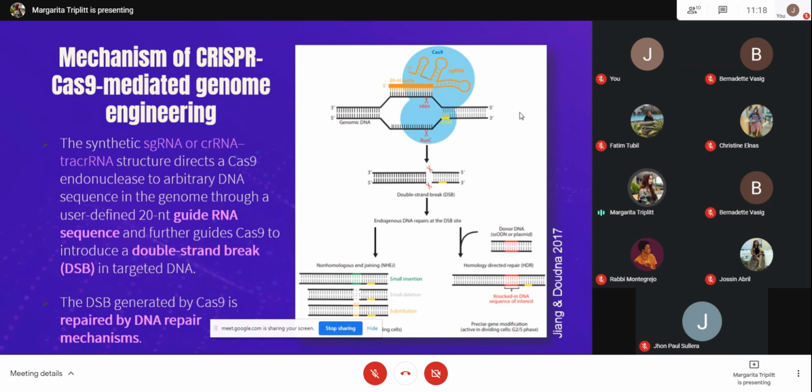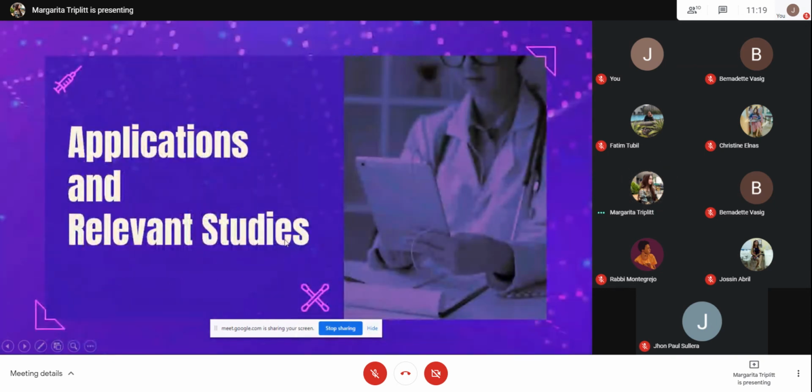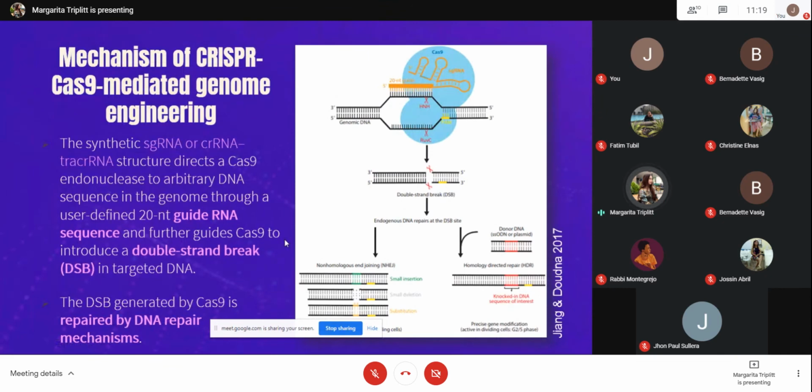And when they cut that out, they produce double-stranded breaks, which would either undergo NHEJ or non-homologous end joining, which can produce insertions or deletions or indels, which may disrupt the function of the gene or may produce other effects on the organism.